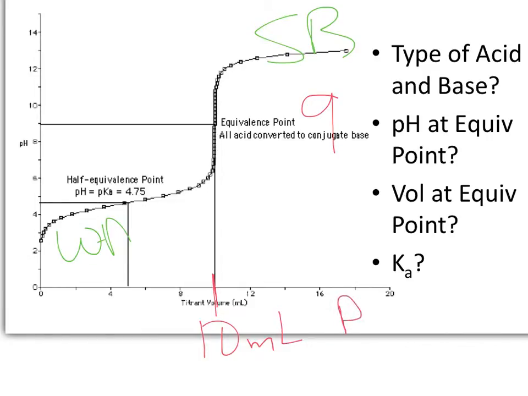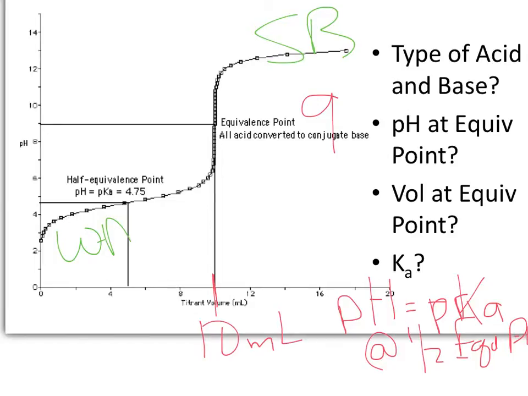The pH is equal to the pKa at the half equivalence point. So this is going to make sense. What is the pH at the equivalence point? 9. What is the volume at the equivalence point? 10.